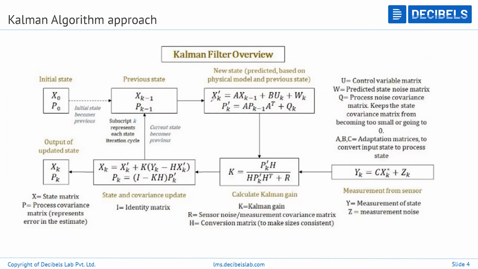So right now you just see only this equation, which is marked under the red line. This is the predicted state, and you can ask what exactly this contains.